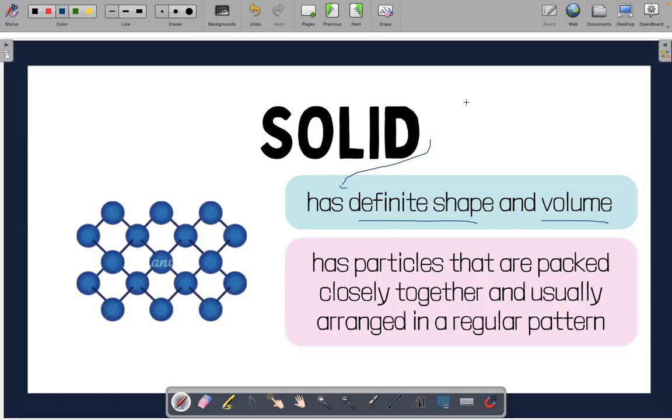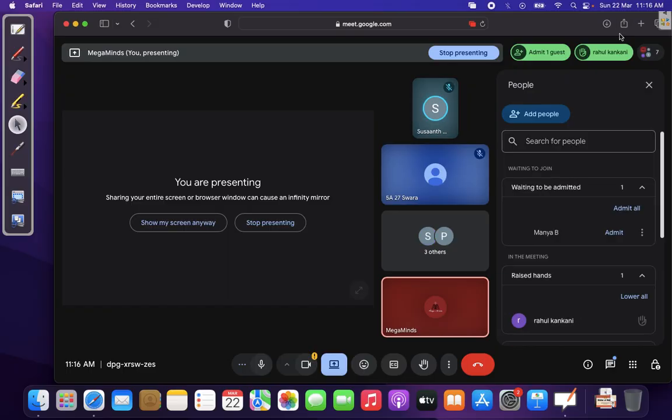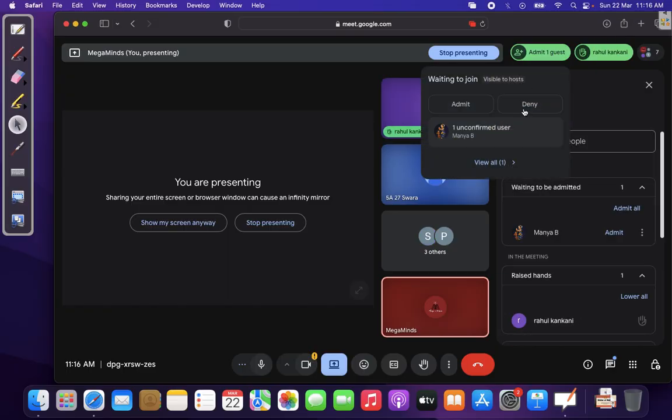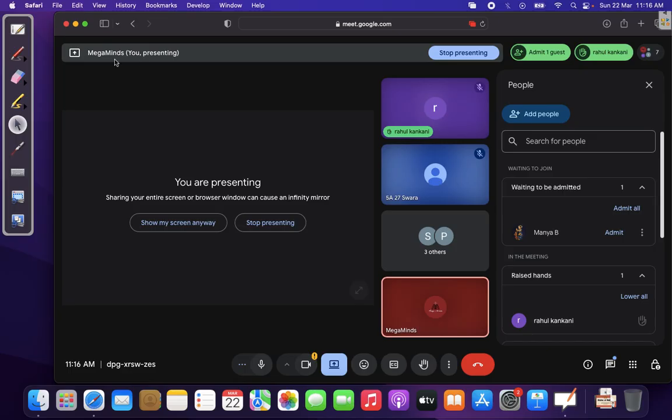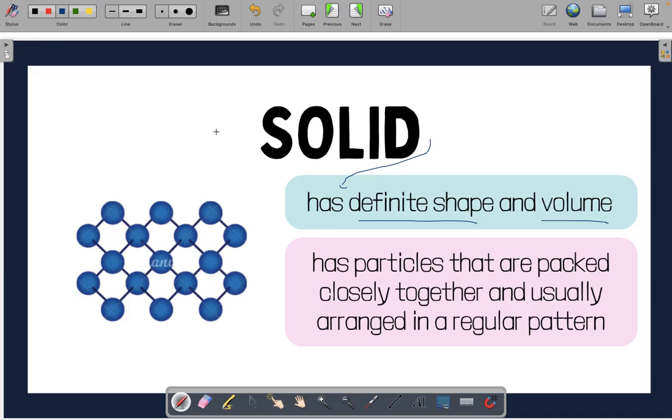For example, a rubber band. You can change the shape, but then it will regain its original shape, right? But usually it is very hard to change the shape of a solid.